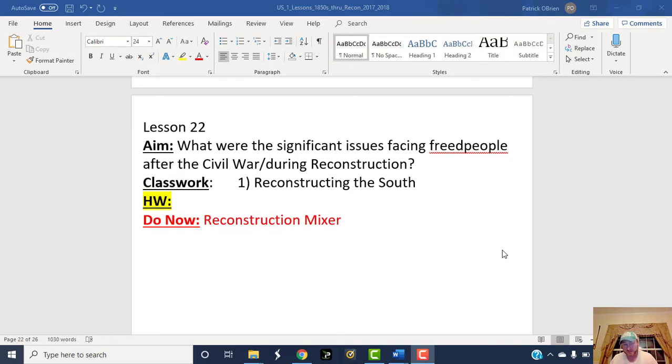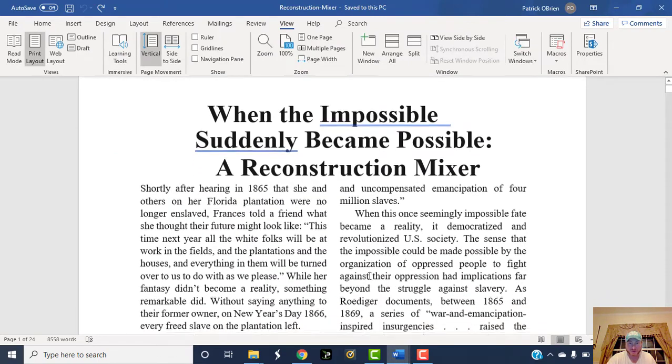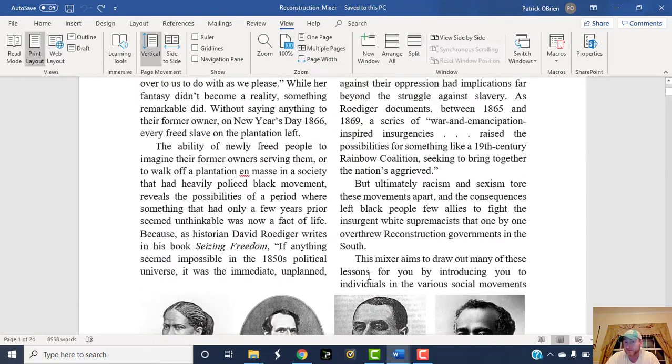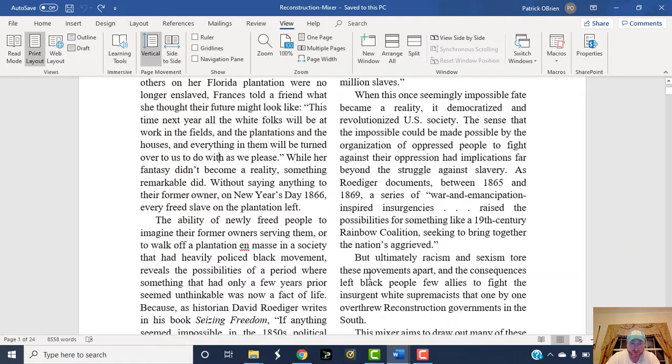And for the do now, you are going to participate in a Reconstruction Mixer, which will be a little bit different because you are not able to attend in real life. So let's get to it. The Reconstruction Mixer. All right, so what's going to happen is I'm going to read this to you. If you were in class, we'd be popcorning it, and I wouldn't be reading it at all, actually.